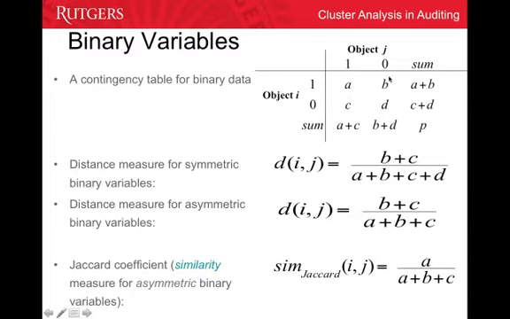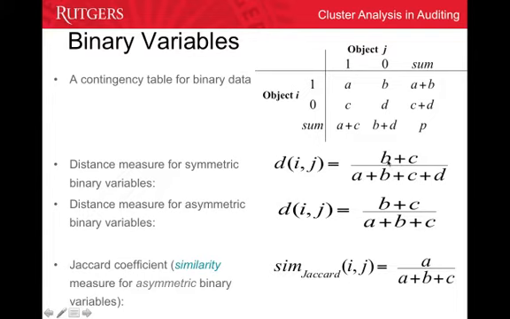Then there are b attributes which have 0 in object j and have 1 in object i. And there are c attributes which have 0 in object i and have 1 in object j. And there are d variables that have 0 in both object i and object j.